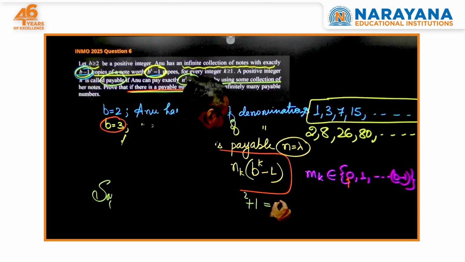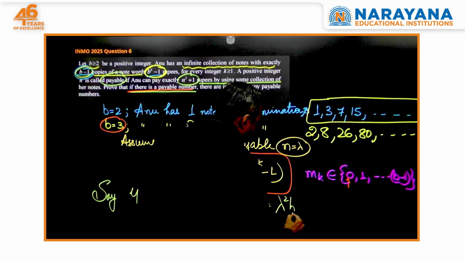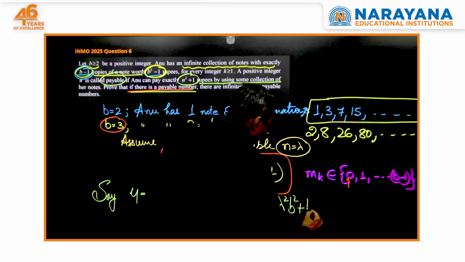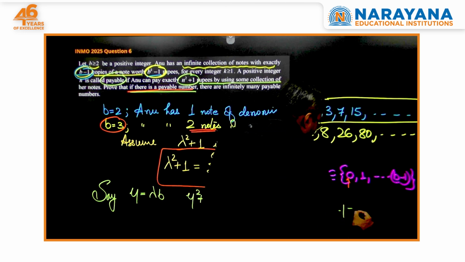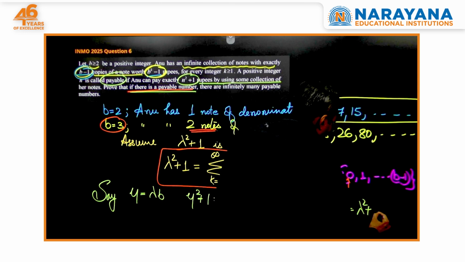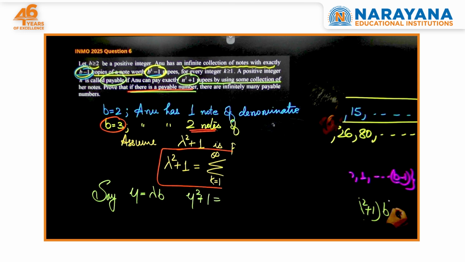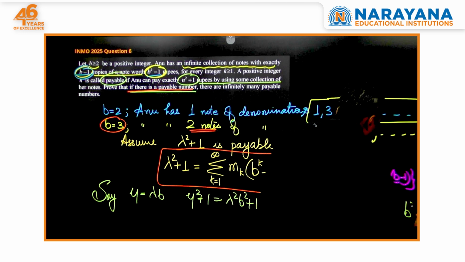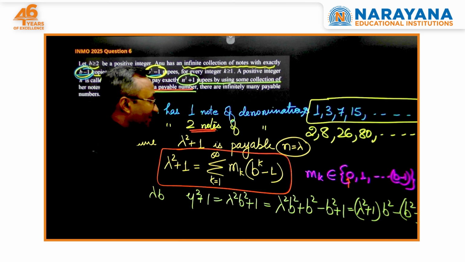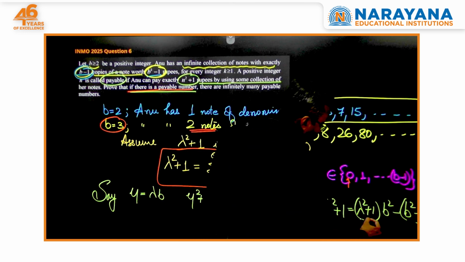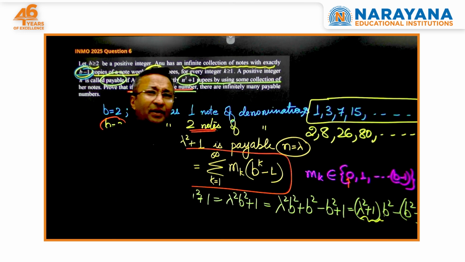Now, this can be written as lambda square b square plus b square minus b square plus 1. So, lambda square plus 1 times b square minus b square minus 1. The challenge here is minus. Lambda square plus 1 is payable, so somebody can pay.